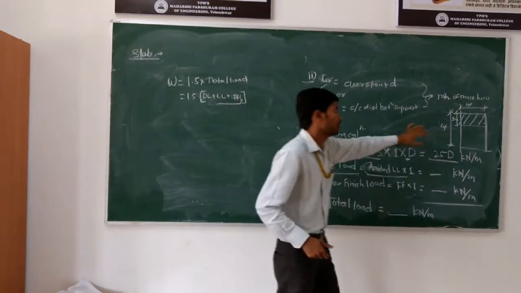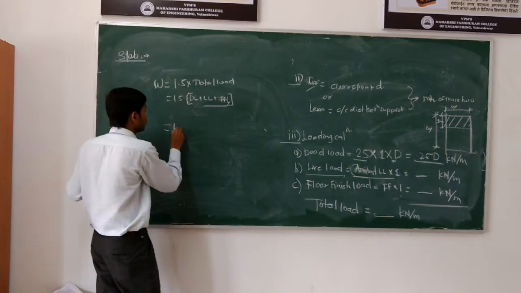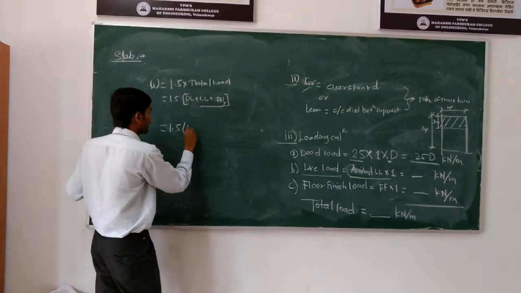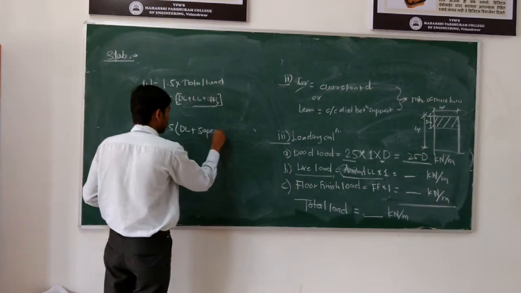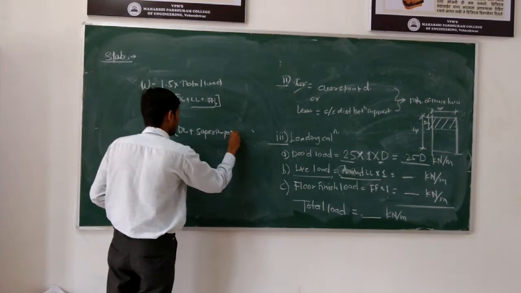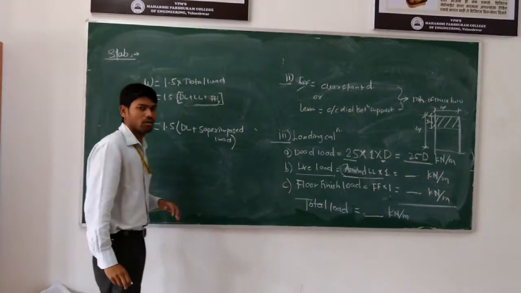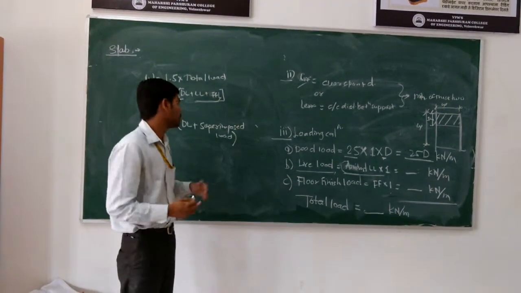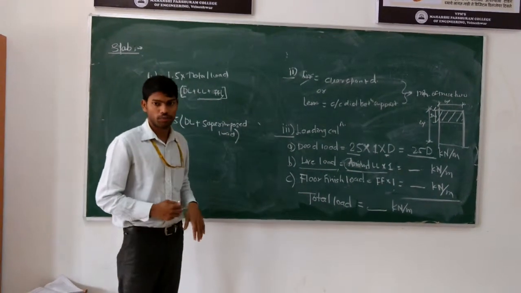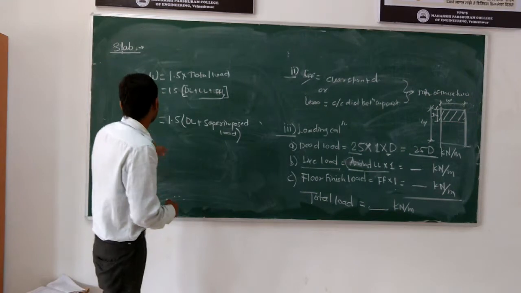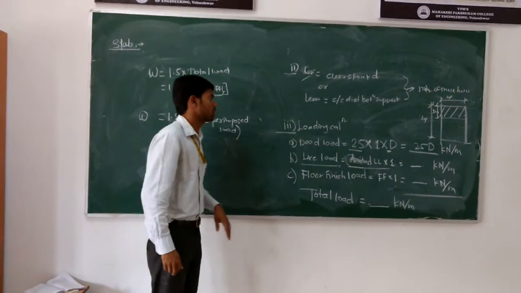So the equation will be: 1.5 multiplied by dead load plus superimposed load. The superimposed load includes whatever loads coming on it, that means the live load as well as the floor finish load. So it concludes the loading calculation.